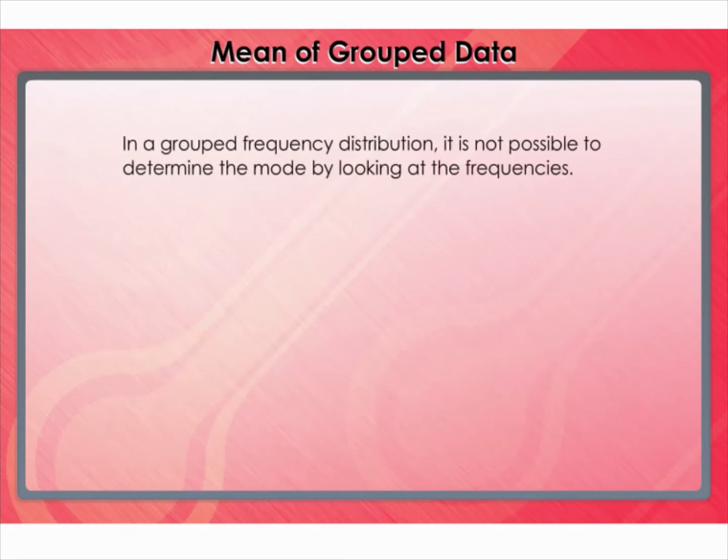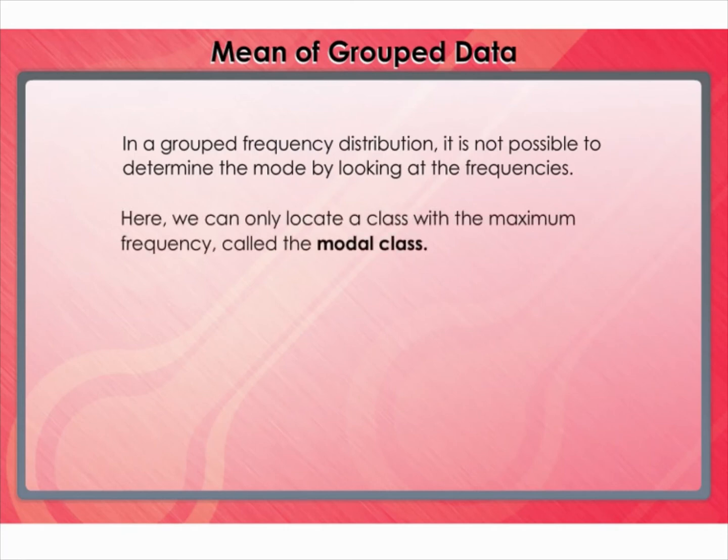In a grouped frequency distribution, it is not possible to determine the mode by looking at the frequencies. Here we can only locate a class with a maximum frequency, called the modal class.